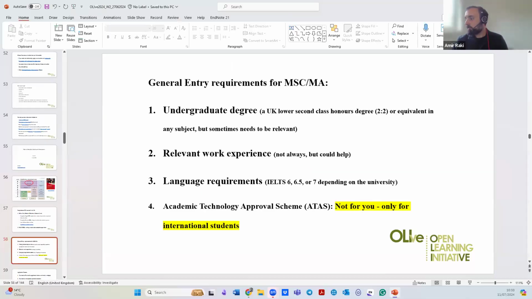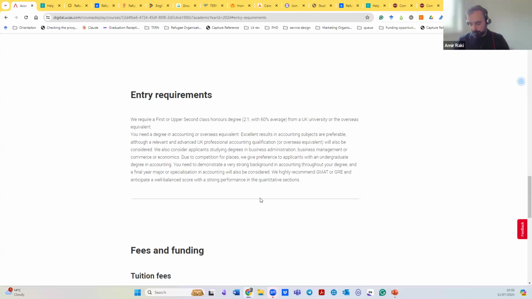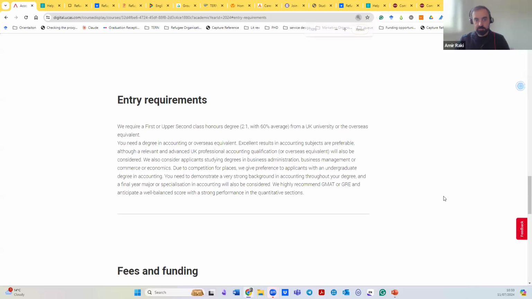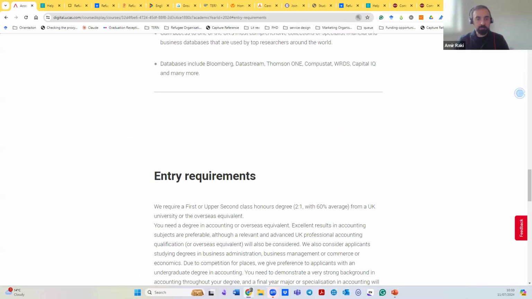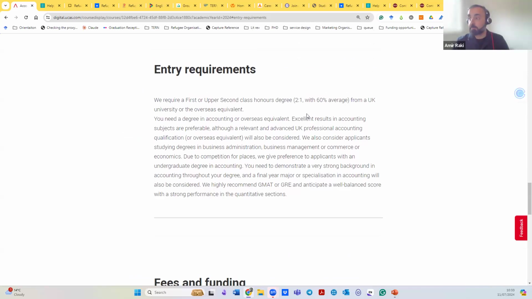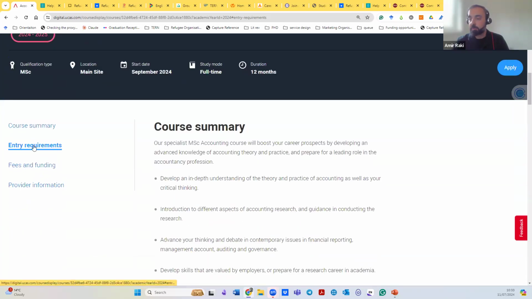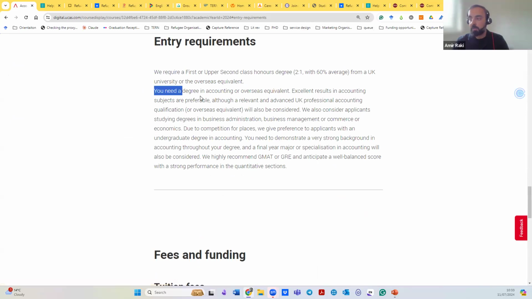Again, I'm going to take you to the University of Manchester website to see here. I'm going to just make it a bit larger. In terms of entry requirements, it's about postgraduate in accounting, and for that, they would like you to have a degree in accounting, or similar subjects.